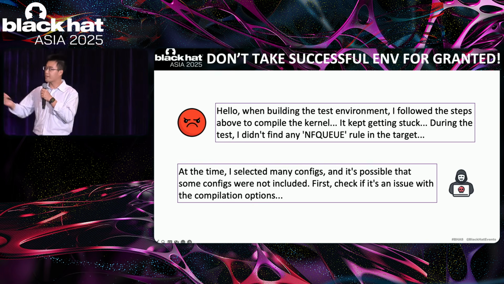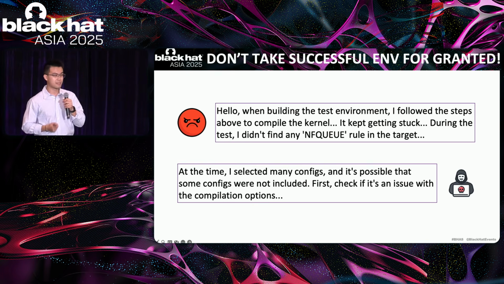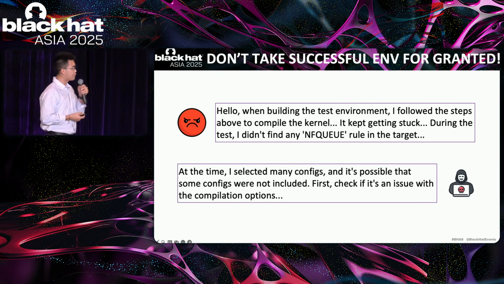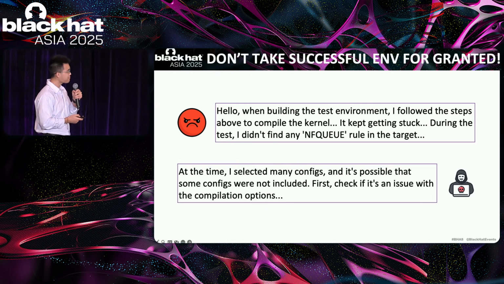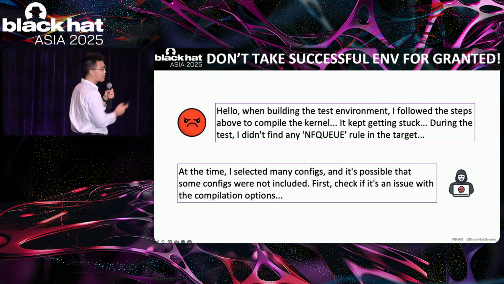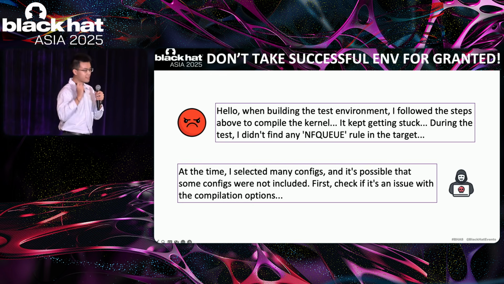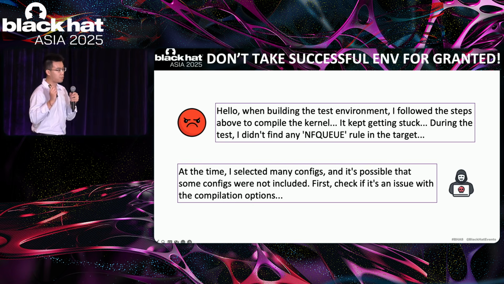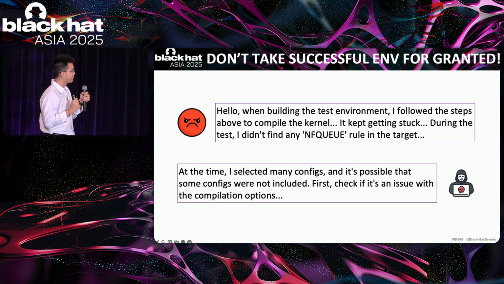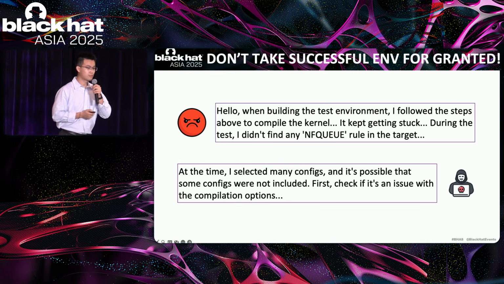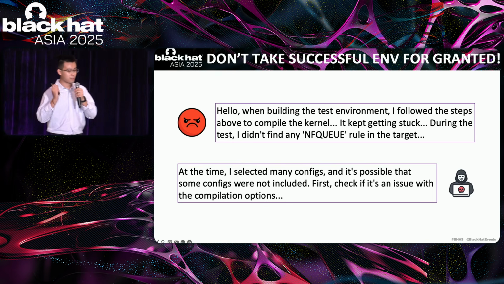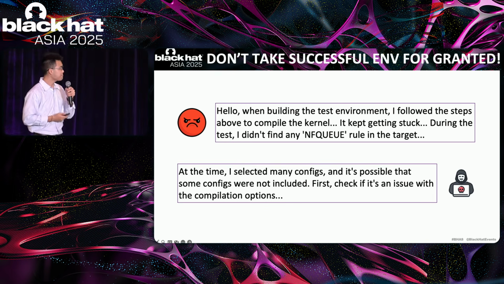For example, here we give a real-world scenario, derived from GitHub. The background is that a kernel researcher published a blog post, and then a reader wanted to follow his post to reproduce this vulnerability.